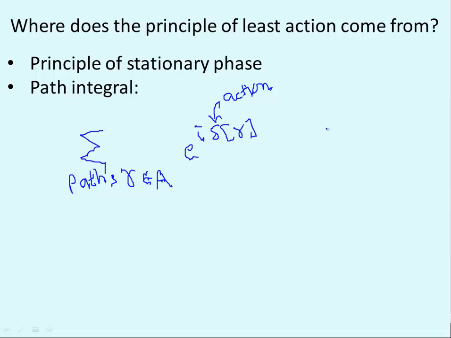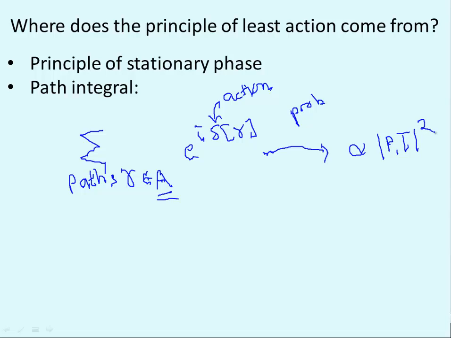Now, this path integral itself is not physically measurable, but the probability of a certain configuration is proportional to the absolute value of the path integral squared.